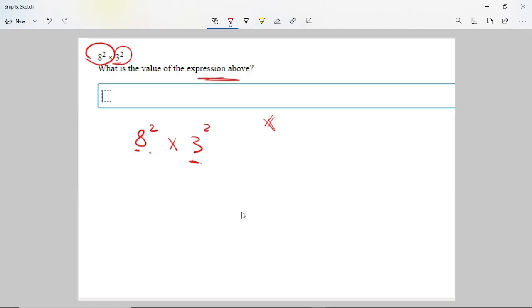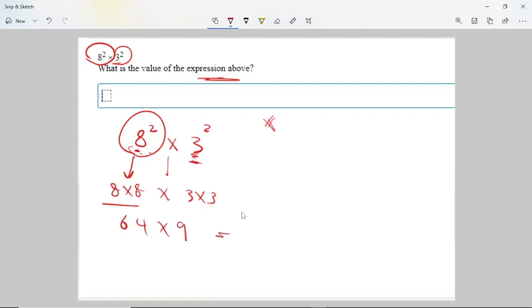But if the numbers are different, I cannot add the powers. So here, 8 power of 2 is 8 multiply 8, and 3 power of 2 is 3 multiply 3. So 8 multiply 8 is 64, multiply 9. So the answer will be 576.